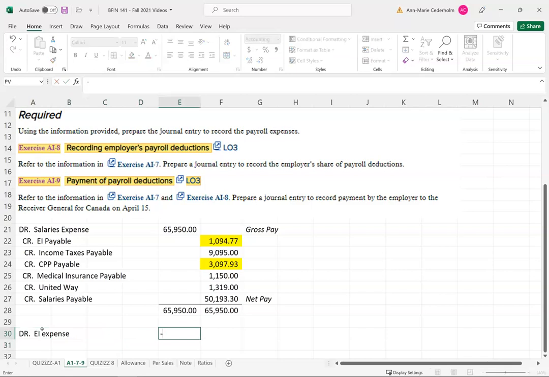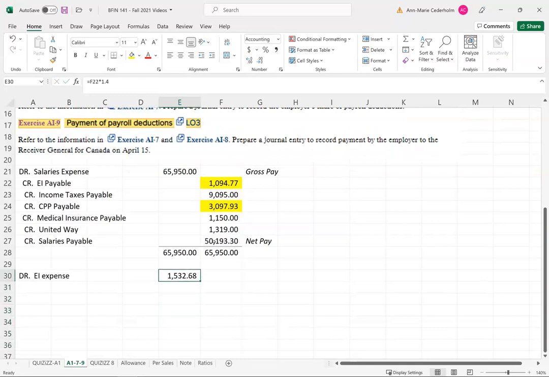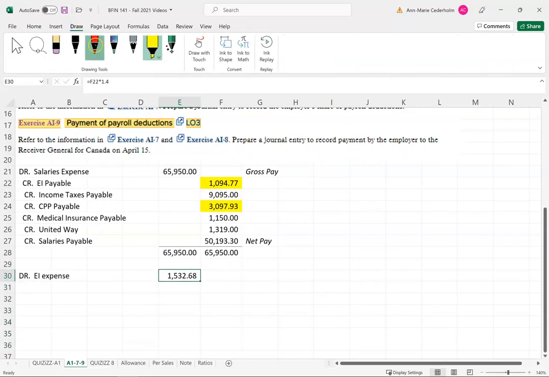And I said we're going to do the EI, what the employee paid, and we have to pay 1.4 times that. So that's going to be 1532.68. So I'll just remind you again what that was. That's 1094.77 times 1.4.